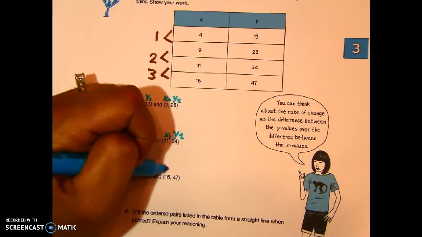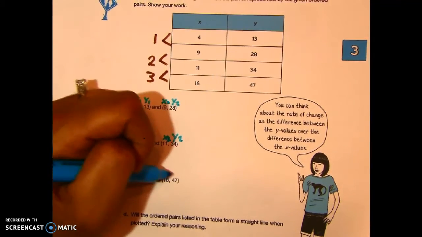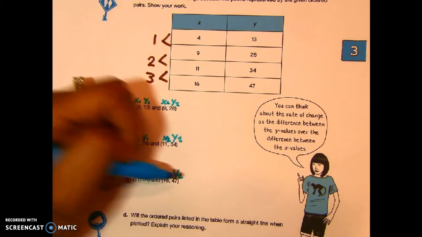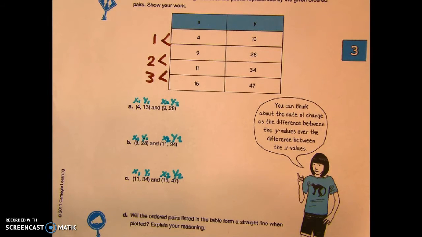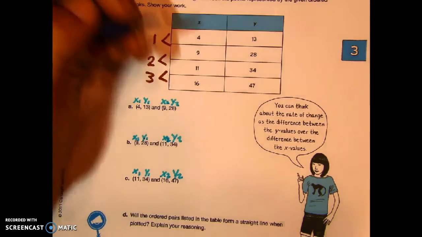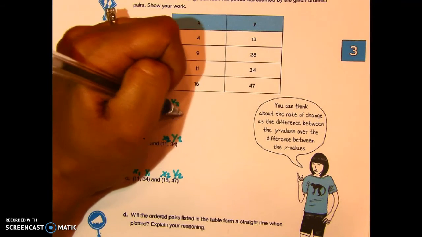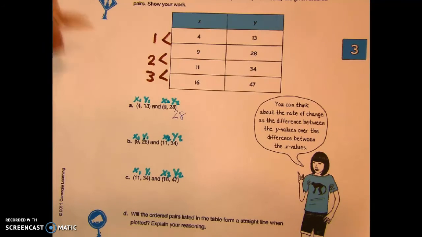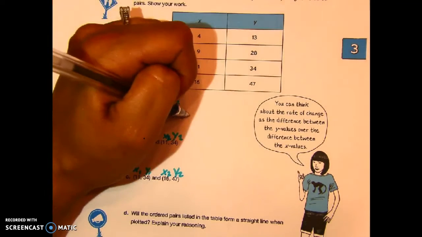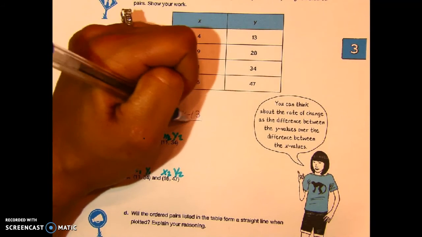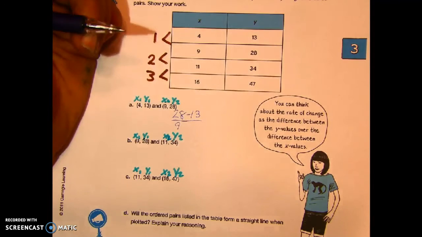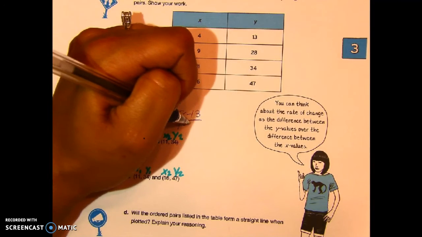In the classwork tutorial, I'm going to go slightly faster just to show you how it's done. So my Y2 is 28. And I'm going to do 28 minus my Y1, which is 13, over my X2, which is 9, minus 4.